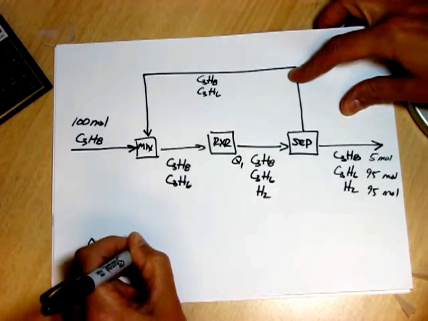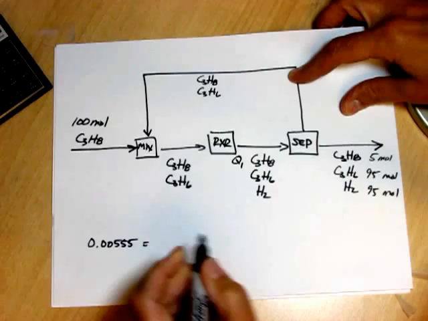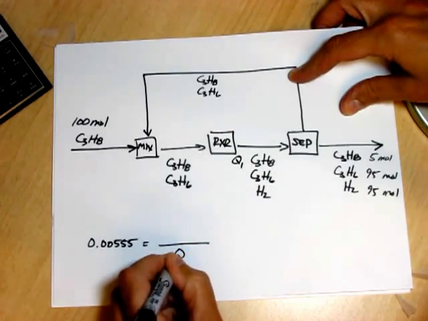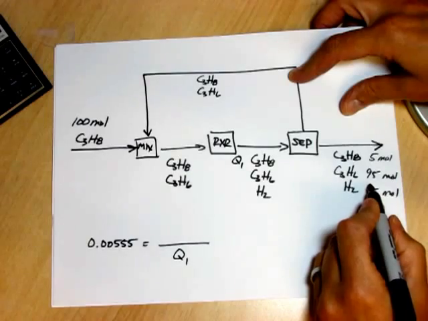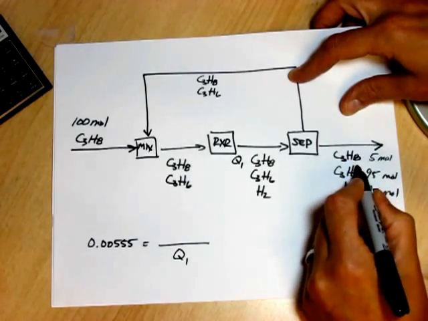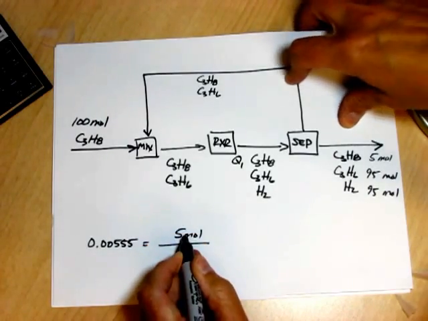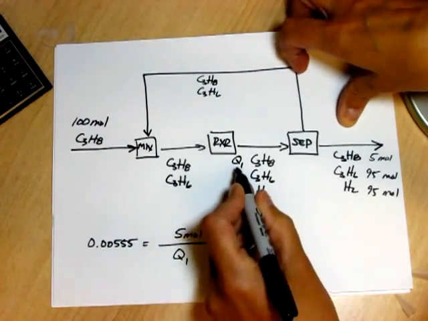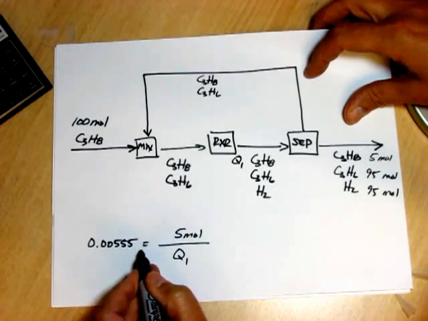And so, reading again, 0.00555, that fraction of the propane that leaves the reactor is taken off as product. So here is the amount of propane that's taken off as product, 5. 5 moles is taken off as product compared to the moles leaving the reactor, and that ratio is 0.00555.